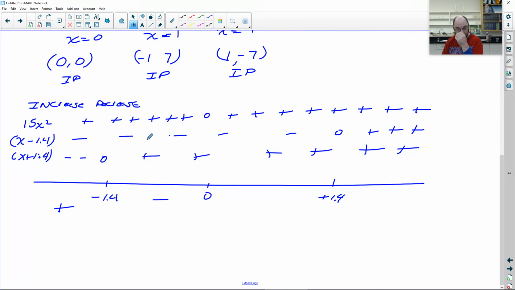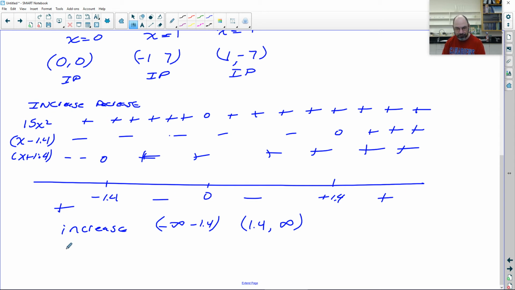So increase from negative infinity to negative 1.4, and also here, 1.4 to infinity.